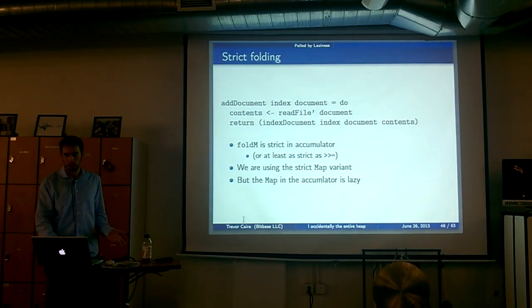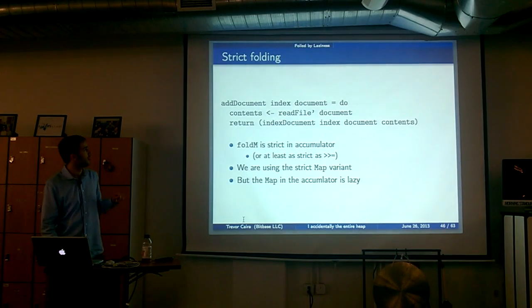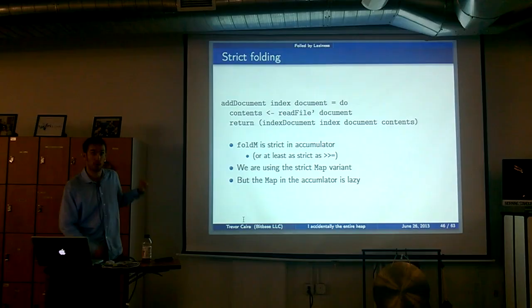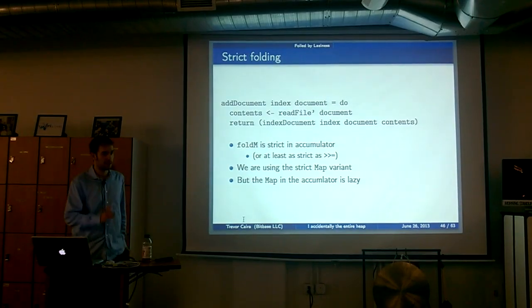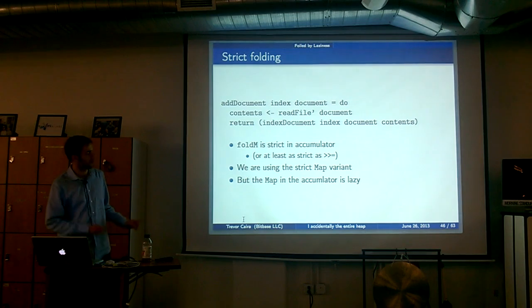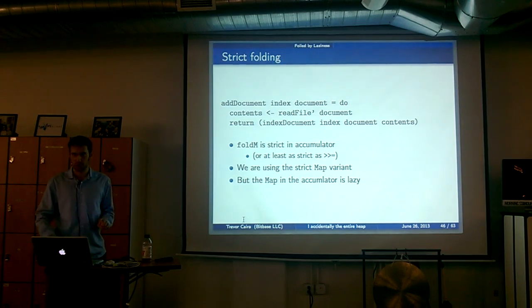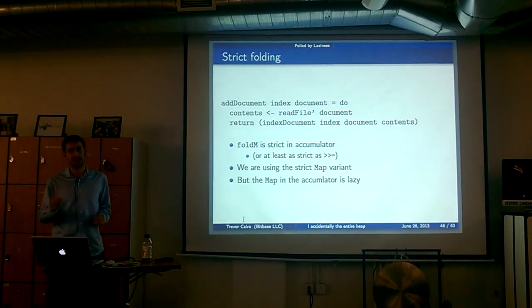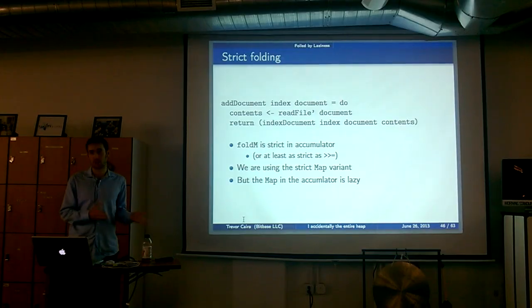Where were we hoping to force them? Well, in add document. And we thought that here in this read file prime thing, we were forcing. Well, we were forcing the file to be entirely consumed. And then we were folding it over with foldM, which, unlike foldl itself, is as strict as bind, and bind, at least for I/O, is strict in its first argument.